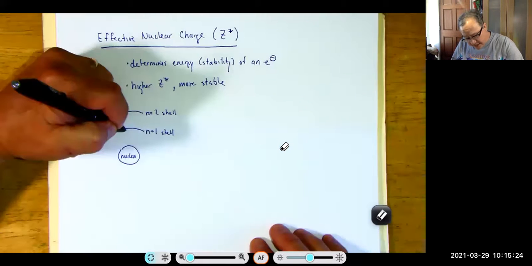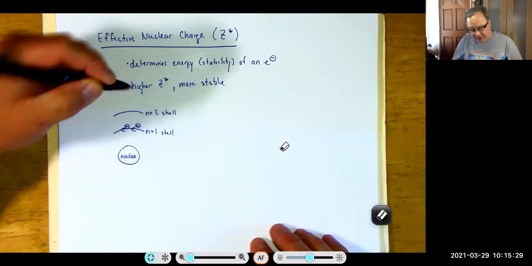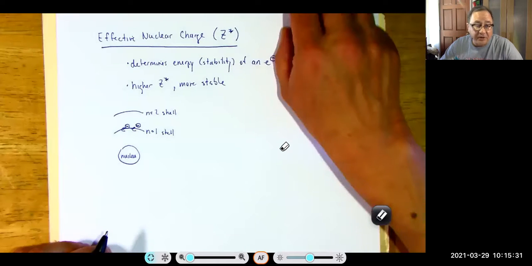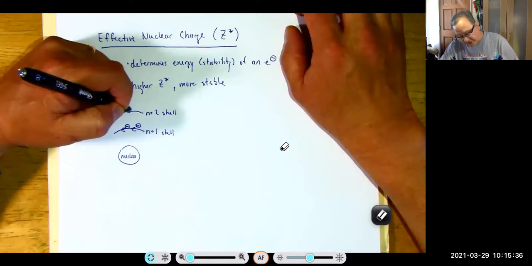Now, you can have 2 electrons here in the first shell, and that's the maximum you can have in the first shell. And then you can have an electron in the second shell.